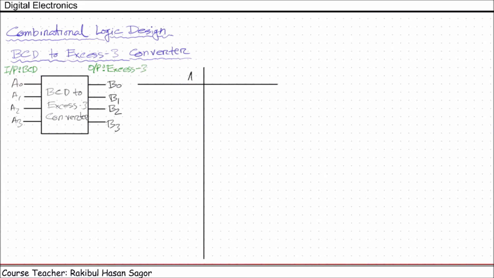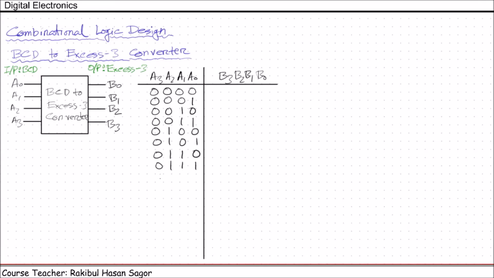On the input side, we have A0, A1, A2, A3. And on the output side, we have B0, B1, B2, B3. So in input, we can have 16 combinations, 0000, 0001, ... 1000, 1001.